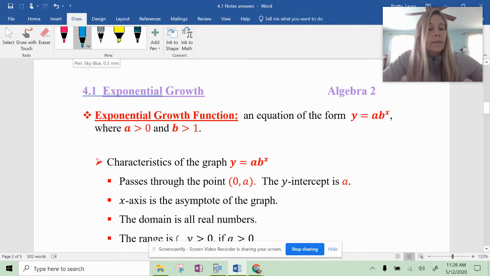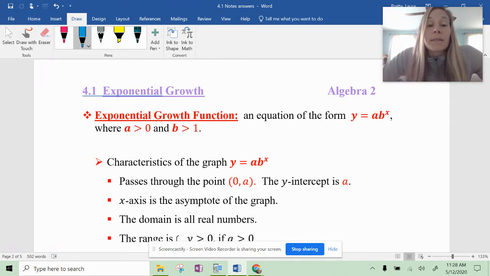Okay, so focusing on the exponential growth functions today, we're going to be focusing on when a is greater than 0, so it has to be positive. The way I always talk about that is, well, if a is representing what you're starting with, how much money you're starting with, how many people you're starting with, in biology, maybe how many cells you're starting with, you can't start with nothing or negative something and have something happen.